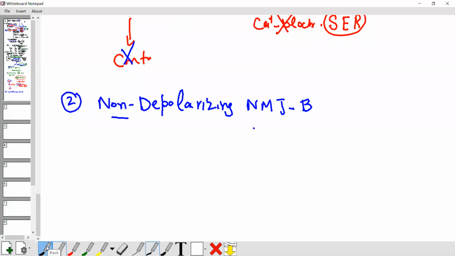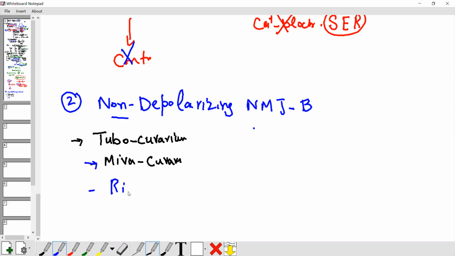In this family, we have first, by the name, the Curare family: Tubocurarium, Mivacurarium, Rivacurarium, Curarium, pancuronium.